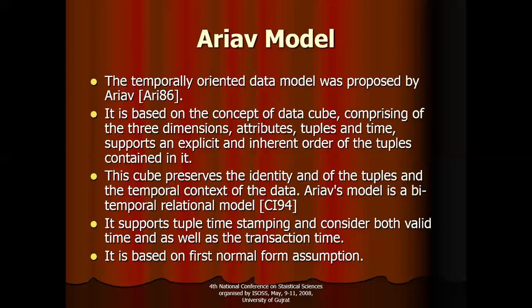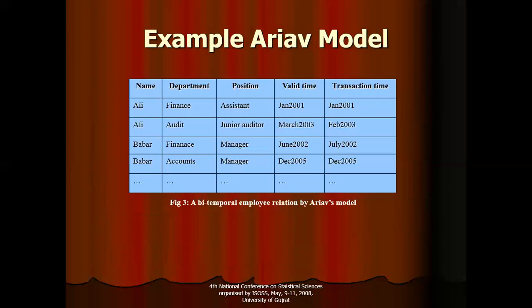So if you want to see any attribute value in that particular relation, it gives only one value, not a list of values. That is why it is said that it obeys the first normal form assumption.